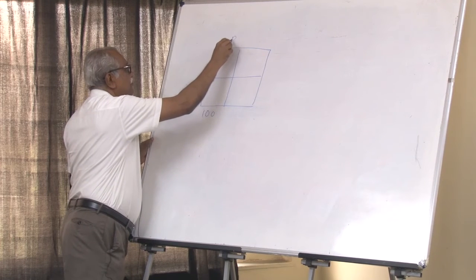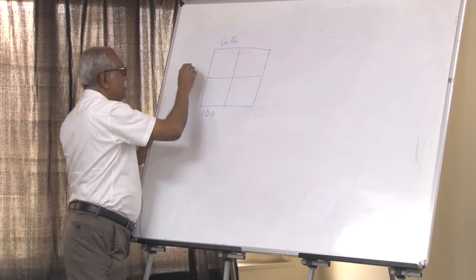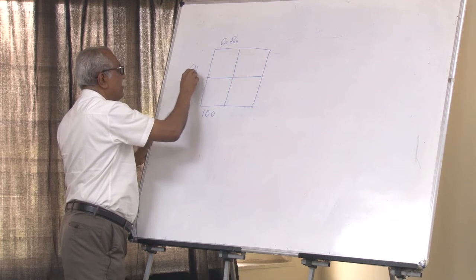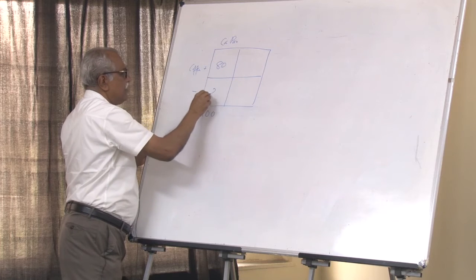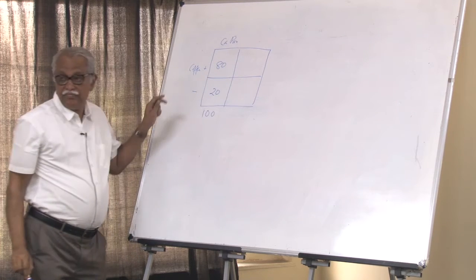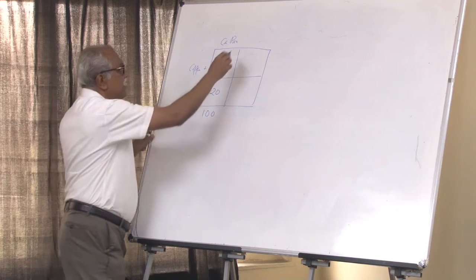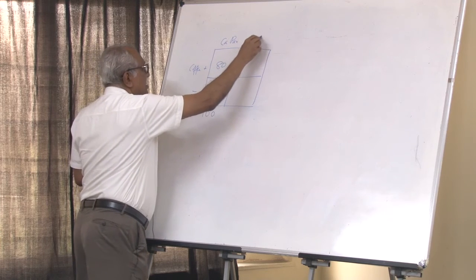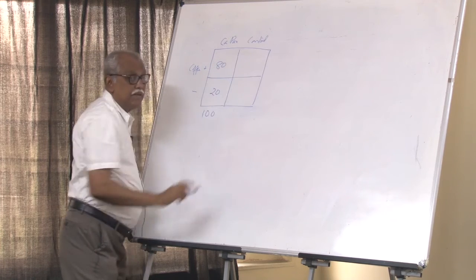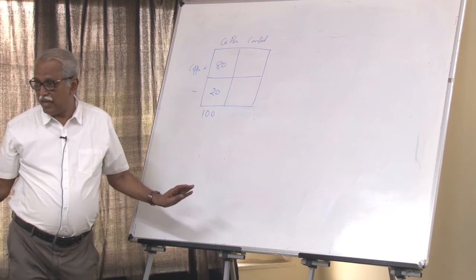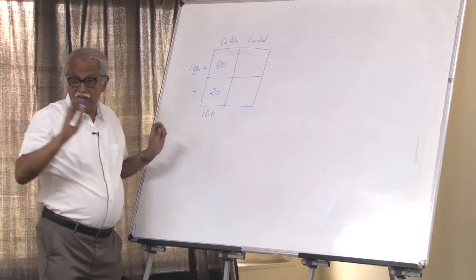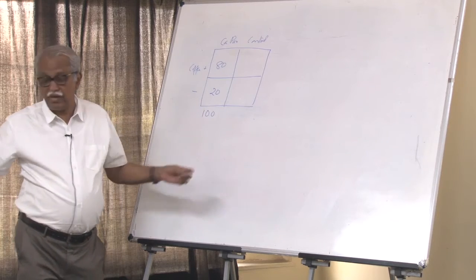And I find out how many drink coffee, how many don't. 80 drink coffee, 20 don't. And I need some controls. For the time being, controls are people without cancer pancreas, okay? The control selection is the most important thing in a case control study. And 50 you drank, 50 you didn't drink.